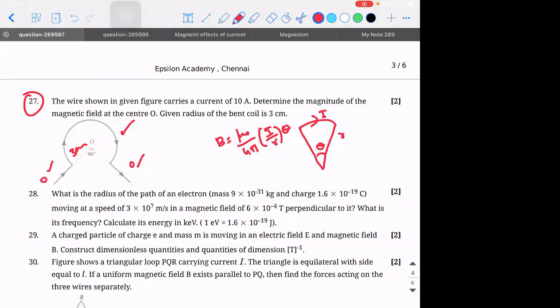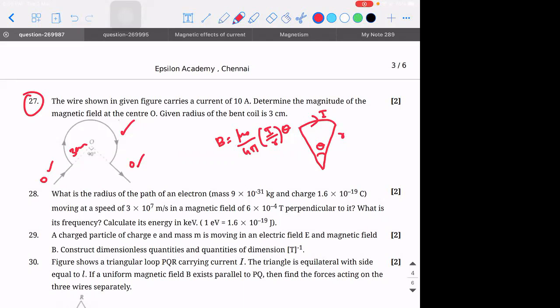It is a direct 0 because, why is it so? When the current carrying conductor is passing through the point or tending to pass through the point where you're trying to calculate the field, it will contribute no magnetic field because theta will be 0 degrees there.